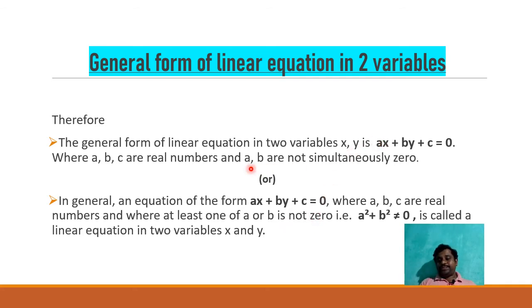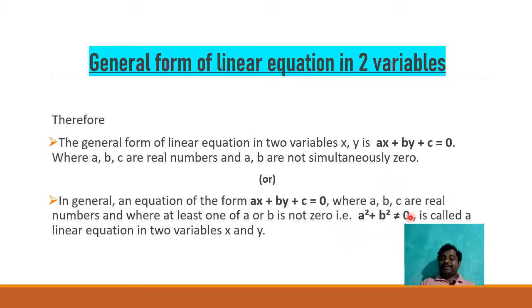Already we discussed here, a and b are not simultaneously 0. That means if a is 0, then b must not be 0. If b is 0, a must not be 0. Then this is written as a² + b² ≠ 0.